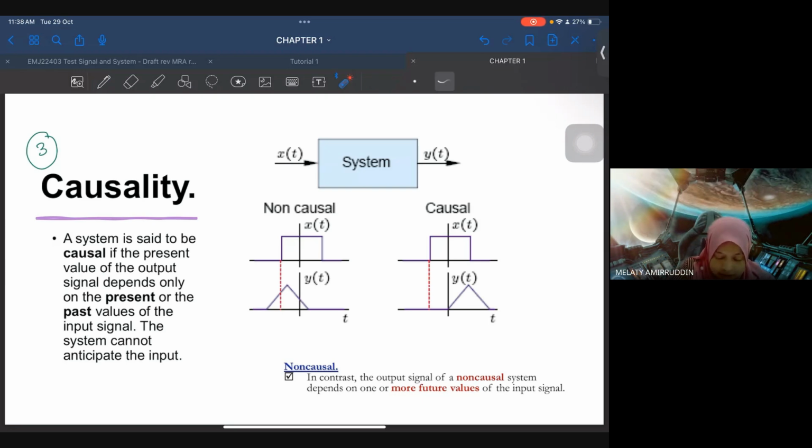Okay, what is causality? A system is said to be causal. Okay, causal system. Normally students will write casual, not causal. It's causal.